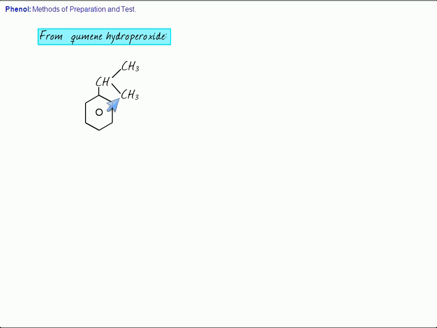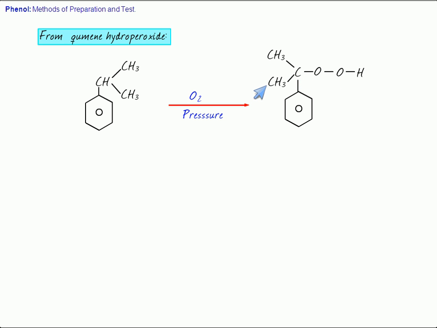Cumene is nothing but isopropyl benzene. When this is first treated with oxygen under pressure, this was converted to a compound called cumene hydroperoxide, COOH, with the two methyls present as usual. This is the starting material called cumene hydroperoxide.